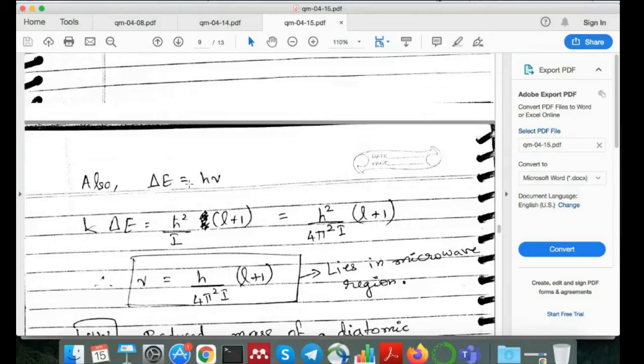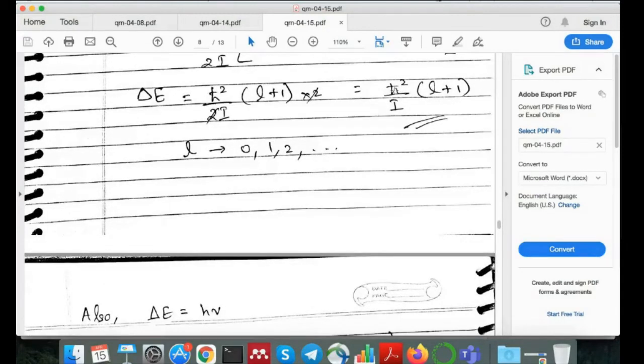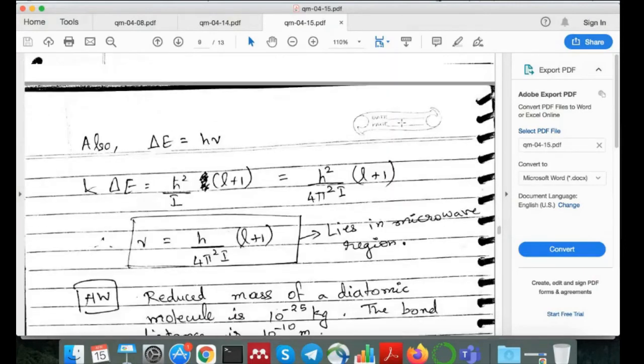So delta E is H nu. And we also know delta E is equal to H cross square by I into L plus 1 for this rotational transition. If we combine these two equations, we can get the equation for frequency.